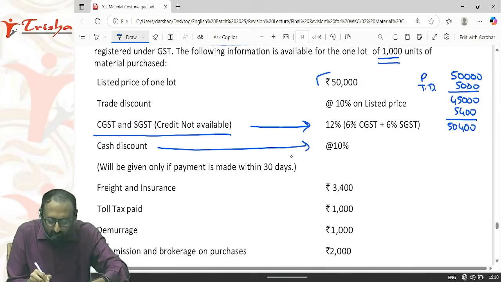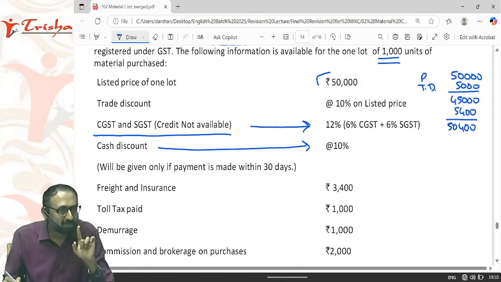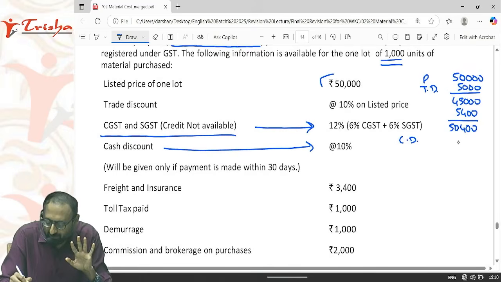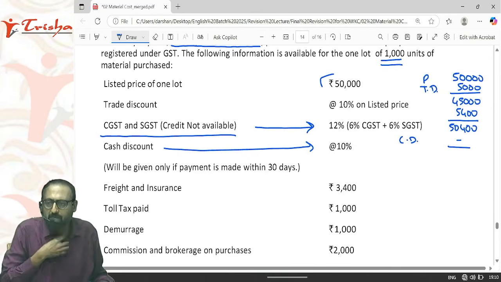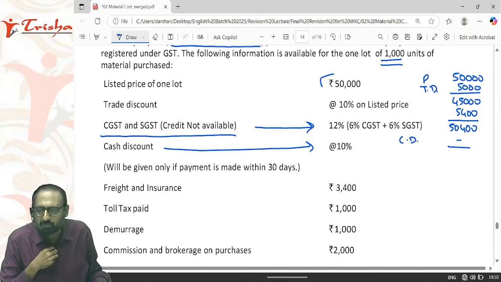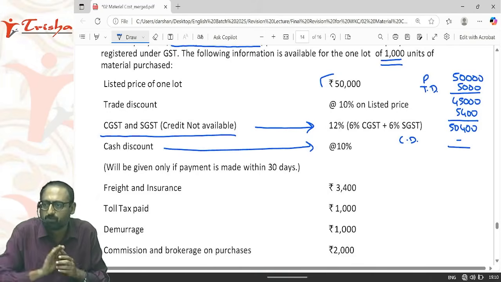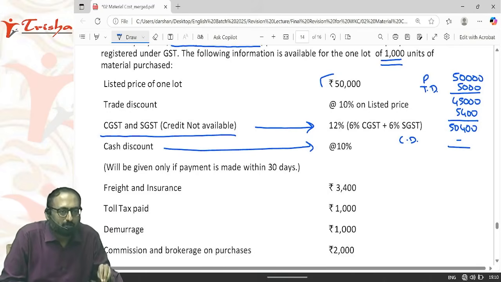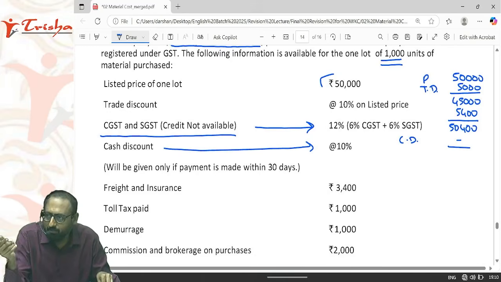What about cash discount? Sir, it is a financial arrangement. Will you deduct the cash discount? No, sir, you will not deduct the cash discount. Correct, sir? But my humble question to you, sir: in the last RTP, they have given one question where they asked how much is the amount of cash discount and what will be its treatment in costing.